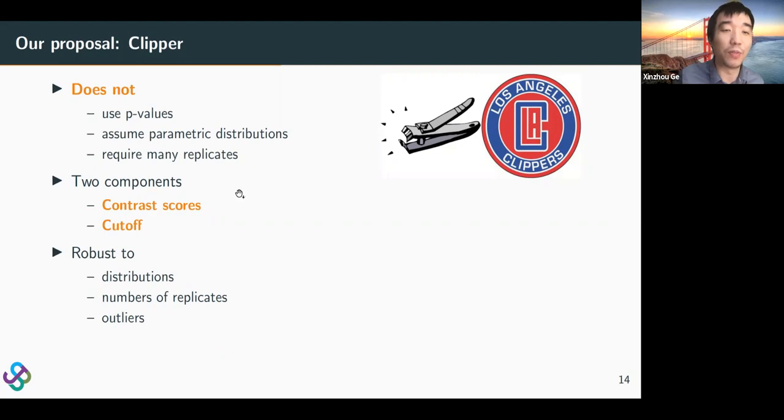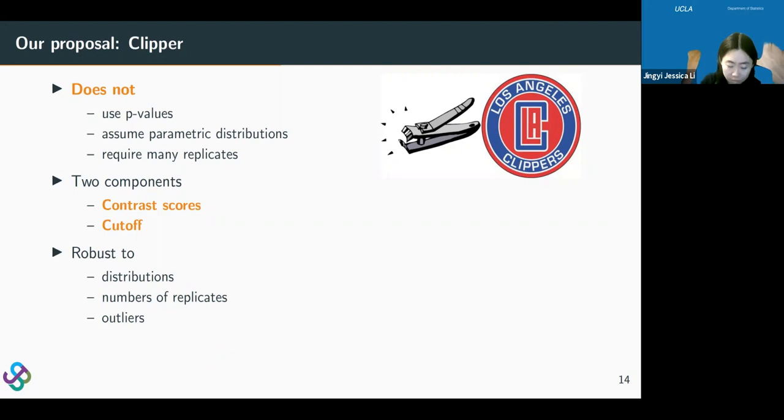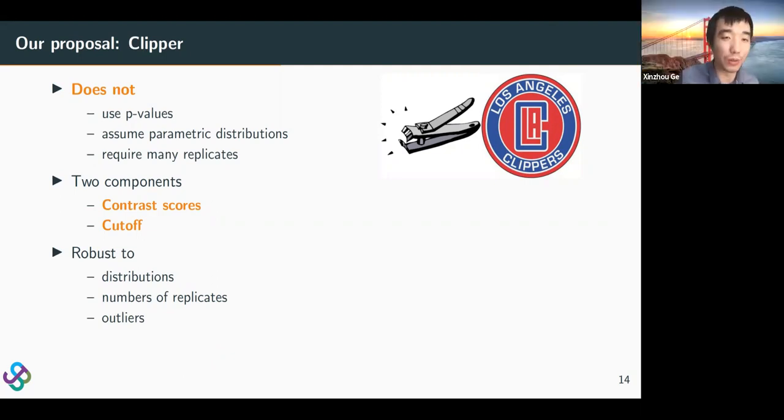Okay, that's all for the background of our project. Do we have any questions? Okay, if not, I will go to the method, how we implement Clipper to control the false discovery rate.